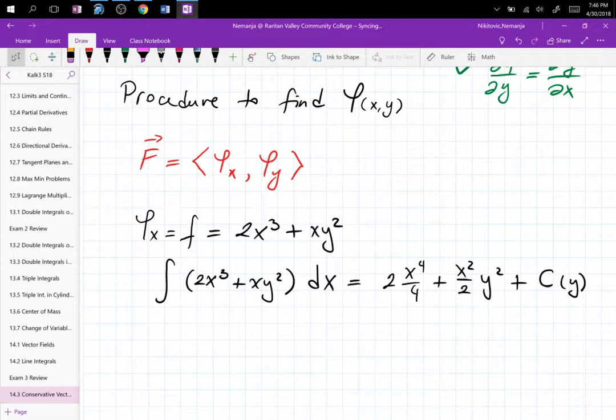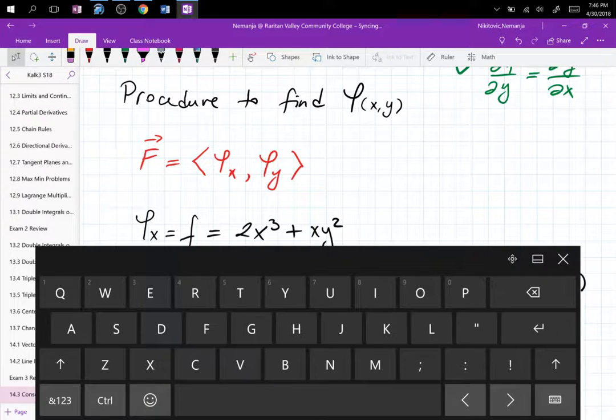Well, remember this was a partial derivative with respect to x, which means that the y variable is a constant in the eyes of the partial derivative with respect to x. Therefore, over here, I could have the number 7 like we had in Calc 1. But I could also have y to the 5th, and when I take the partial derivative with respect to x, it's going to die just like 7.